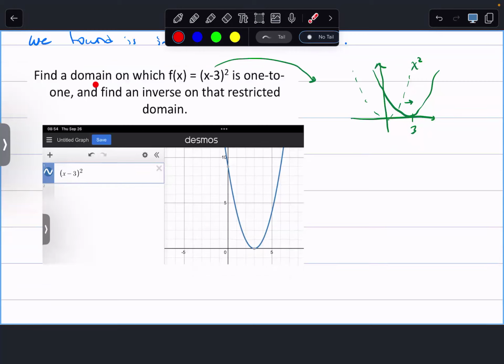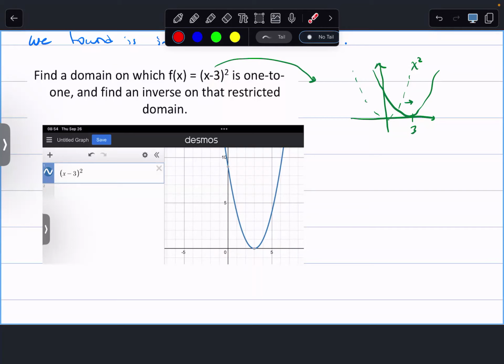If we have to find the domain, let's talk first about the overall domain of x minus 3 squared. I can put in any value of x and there are no forbidden values of x. There's no division here, so I can't divide by 0, so that's safe. There's no root here. There's a square, but there's no root, so I'm not restricted to non-negative numbers.